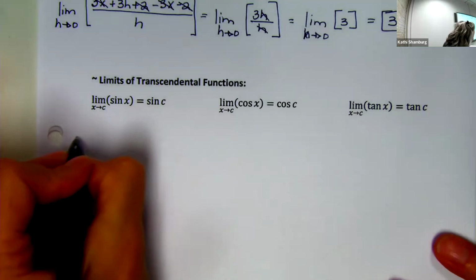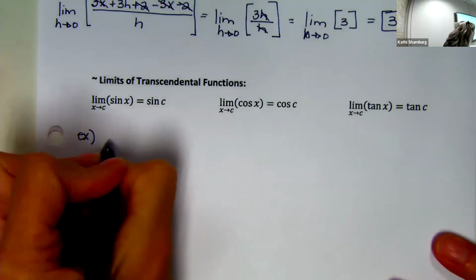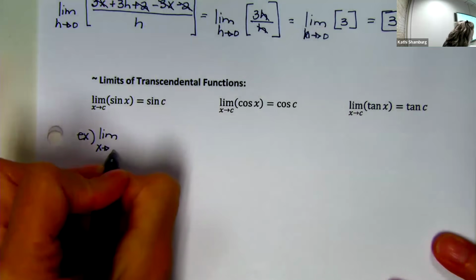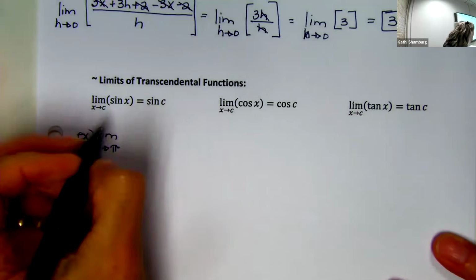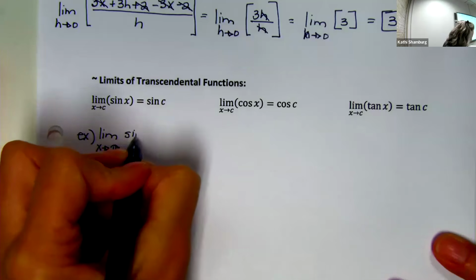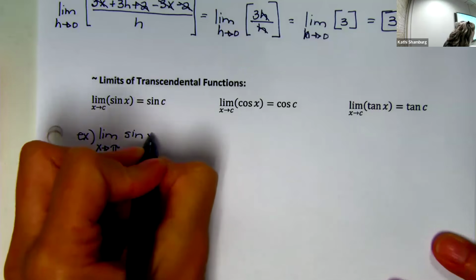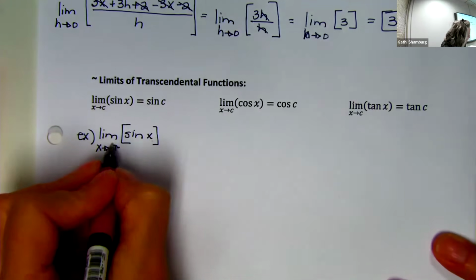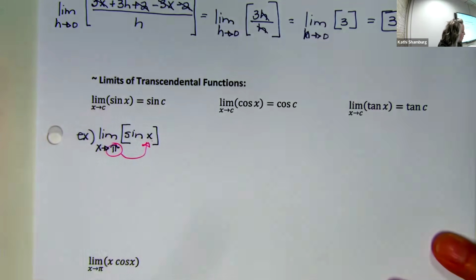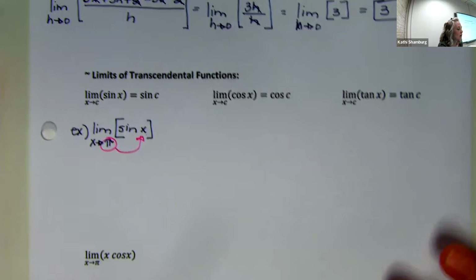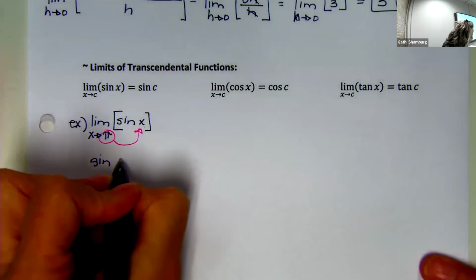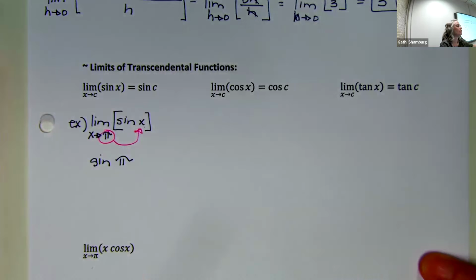So for example, if I had the limit as x approaches, let's say pi, of sine of x, all you have to do is direct substitute. So when I direct substitute, I remove the limit notation. So I want to know the sine of pi.